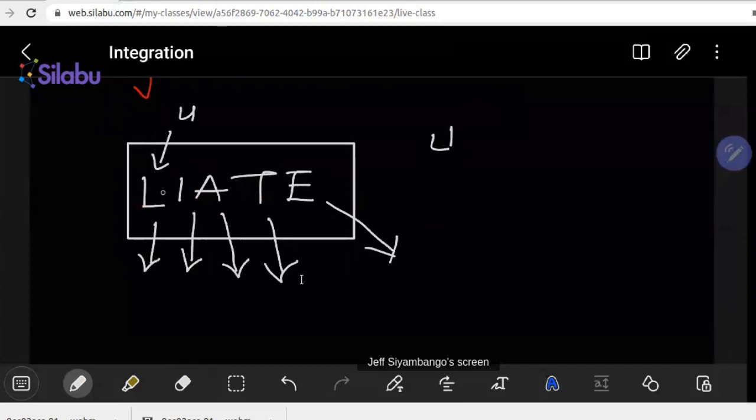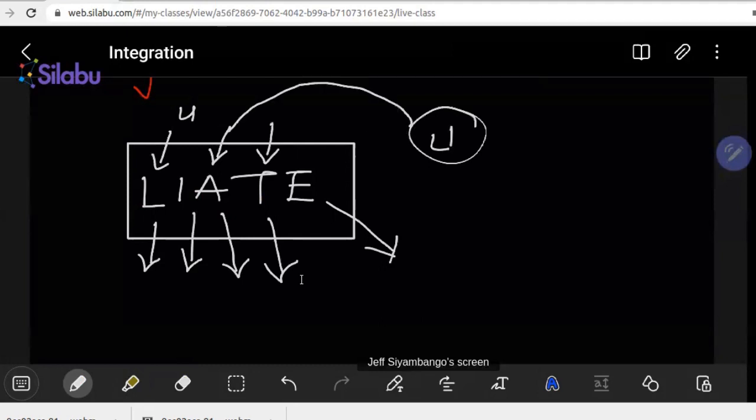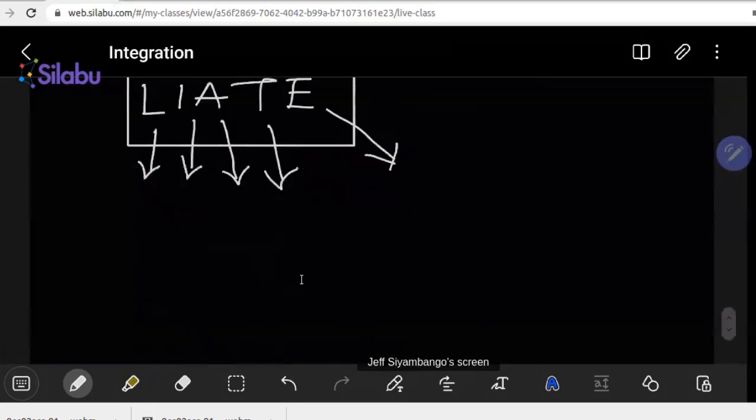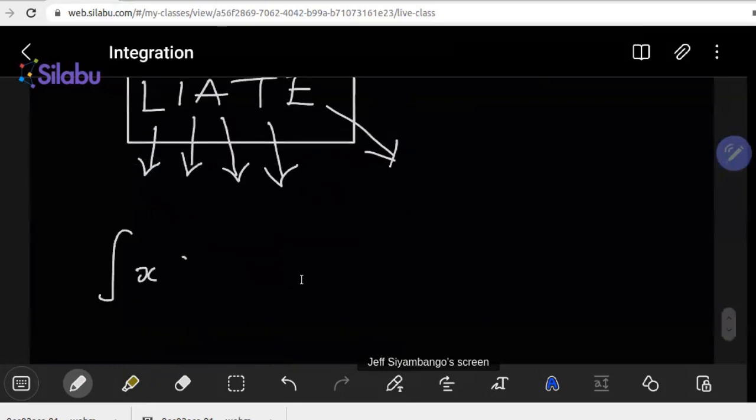But if you have, let's say, an algebraic term and a trig term, then your u priority must be the algebraic term. The rest, of course, will be the trig, and the dv will be the trig. For example, look at the integral of x cos x dx.